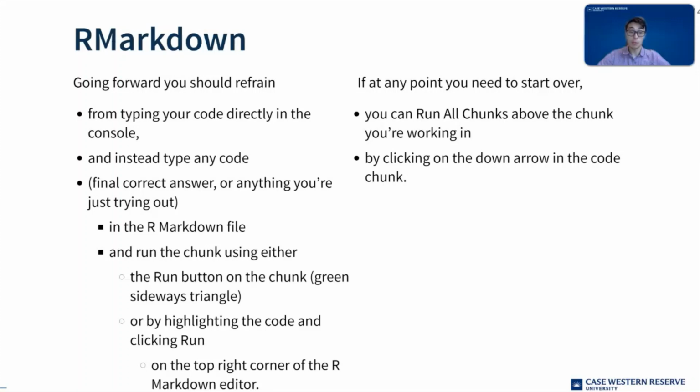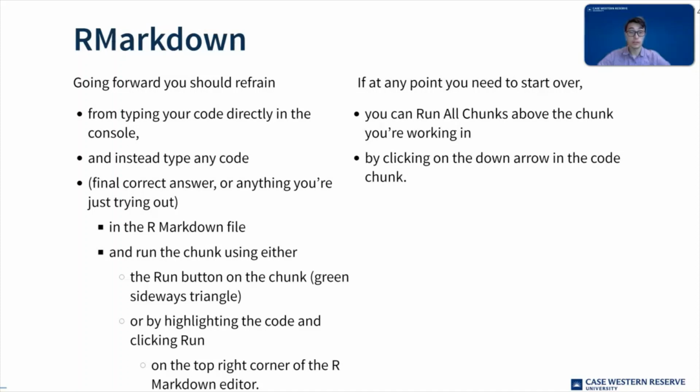As mentioned, R Markdown is the scripting language, or the way of processing our R code, that we like to use. Going forward, we would like you to refrain from typing code directly into your console unless you are debugging. This allows us to have a record of the types of functions and processes you are using to analyze your data. We can also run these chunks or bits of code one at a time, much like a Jupyter notebook.